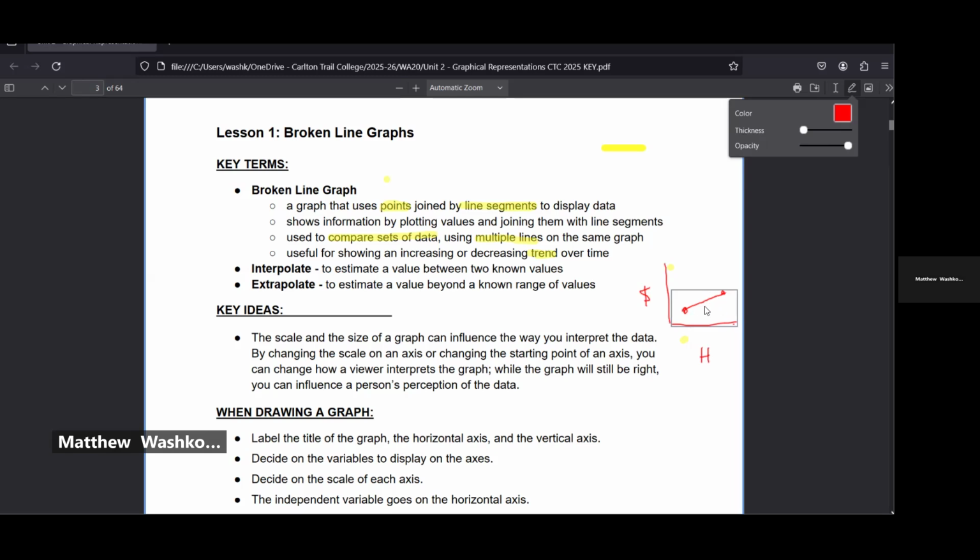You're estimating it based on what you see here. Whereas if I were to ask, what if I made this much? You're estimating beyond it. You're trying to figure out how many hours that would be.